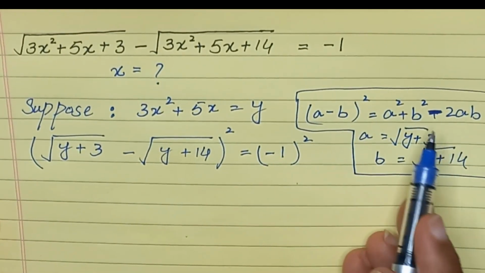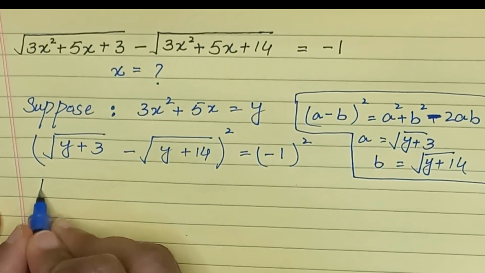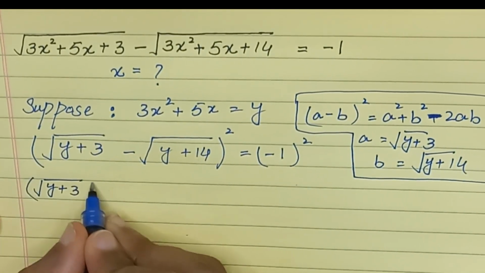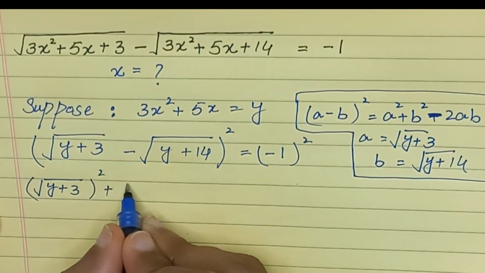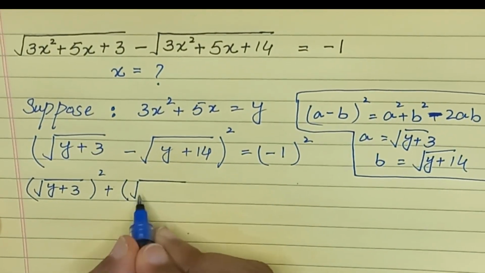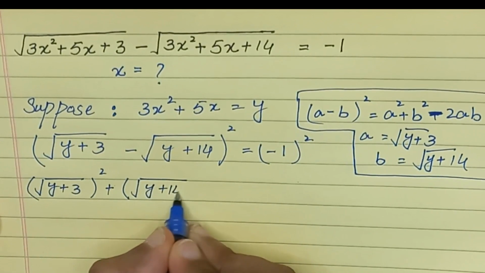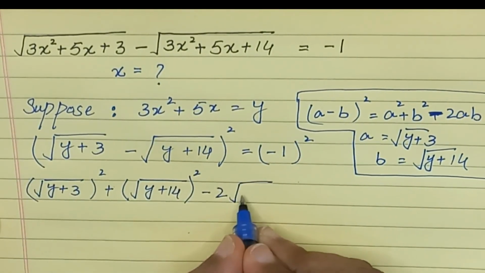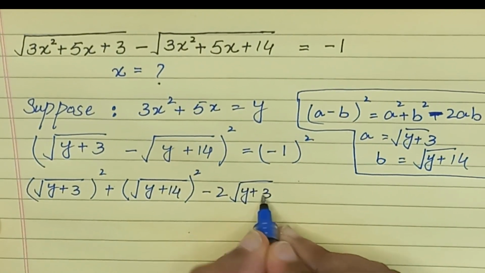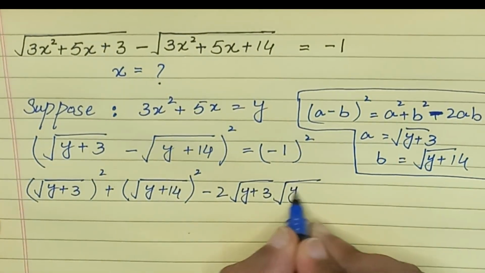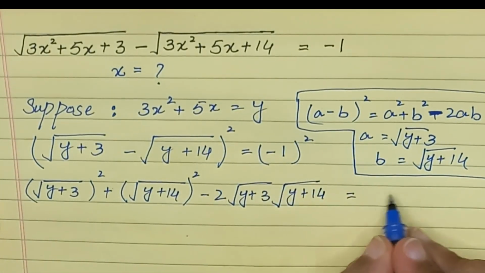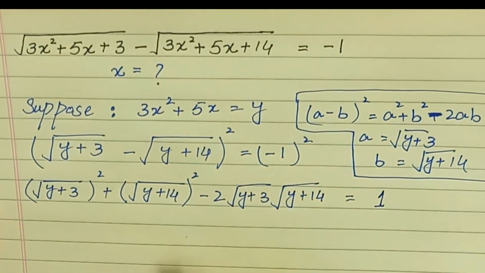So according to this formula, it will become square root of y plus 3 square plus square root of y plus 14 square minus 2 times square root of y plus 3 and square root of y plus 14, and negative 1 square will become positive 1.